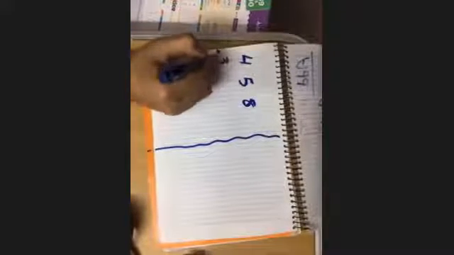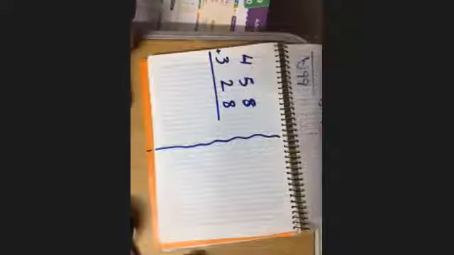Another example. We want to add 458 plus 328. Step number 1, I will distribute the numbers and make a line between each of them, like that.